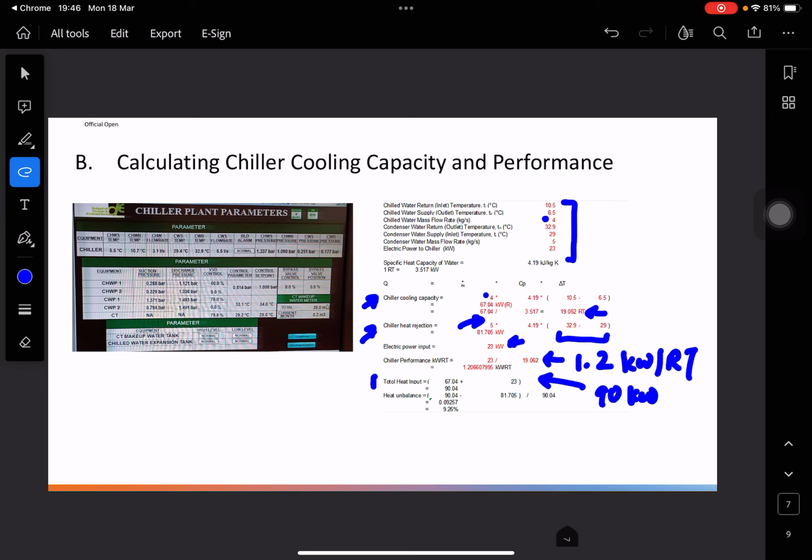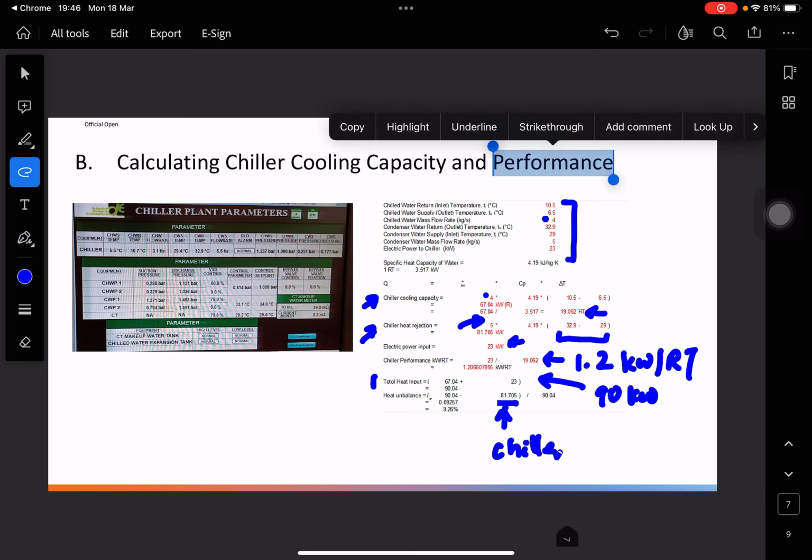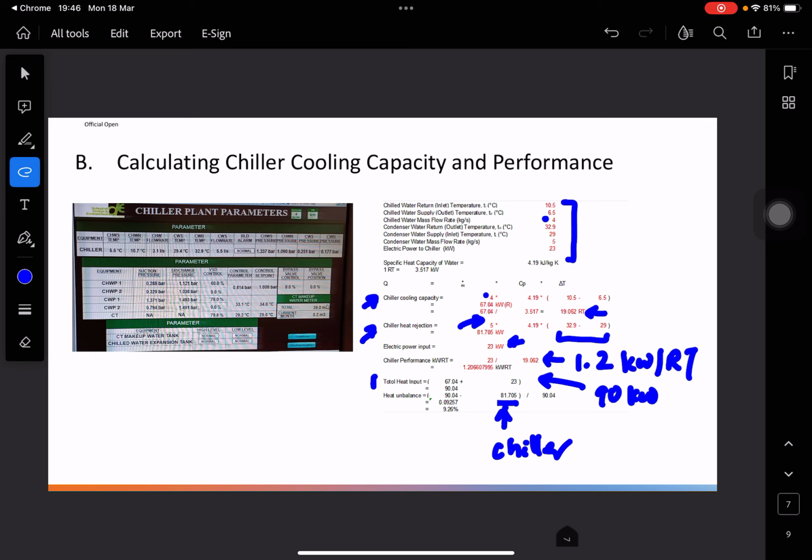So with that, what do you actually have? You actually have your heat unbalance, meaning to say your total 90 minus away your what? What is this? This is basically your chiller heat rejection, right? So your chiller heat rejection will give you about 81, and then you minus this off and divide by 90.04, which is your total heat input.